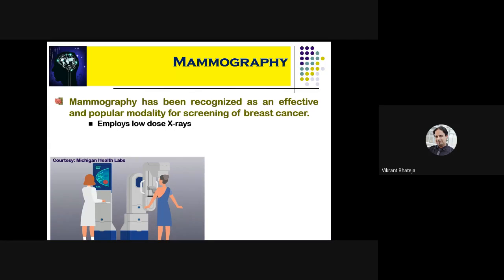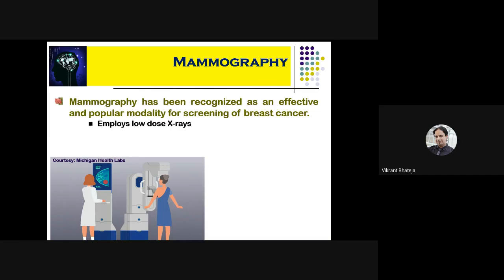Now, the first and foremost point is that this particular screening employs a very low dose of X-ray. Once the dosage of the X-ray is very low, the outcome is that the visualization of the details becomes very, very poor in the final image.